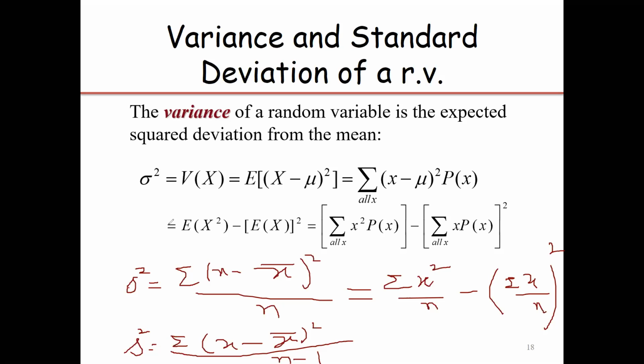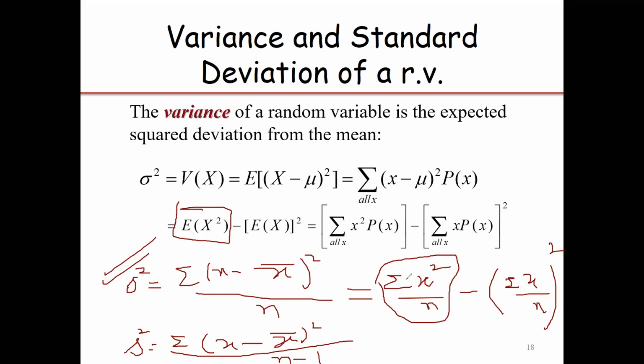So you can recognize this as the mean of x square, as I am writing here. What is this? This is the mean of x and the square of that. All of you are familiar with this formula. This is the expanded form of the formula of variance.